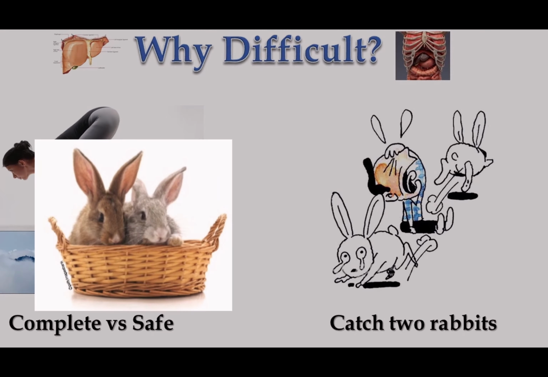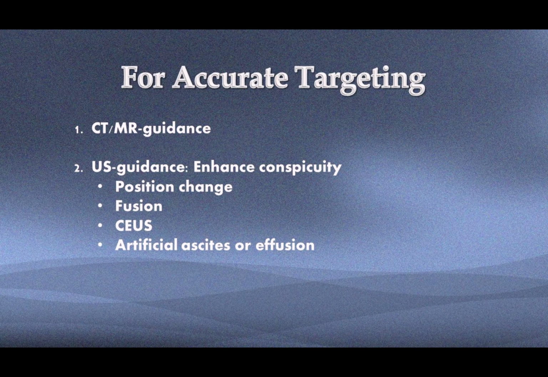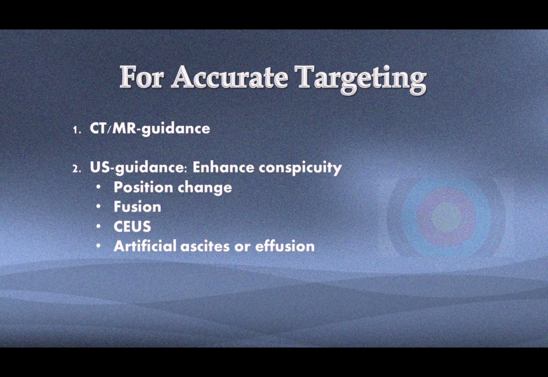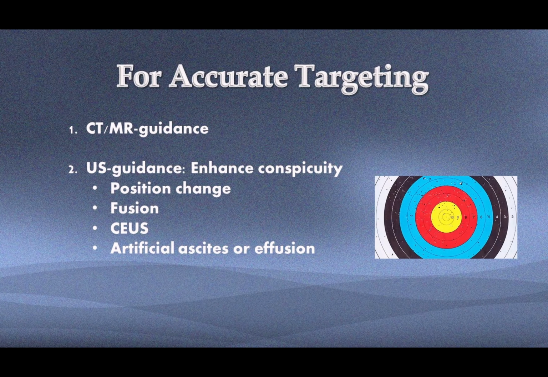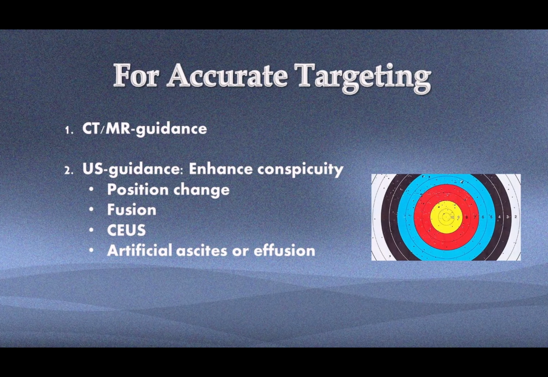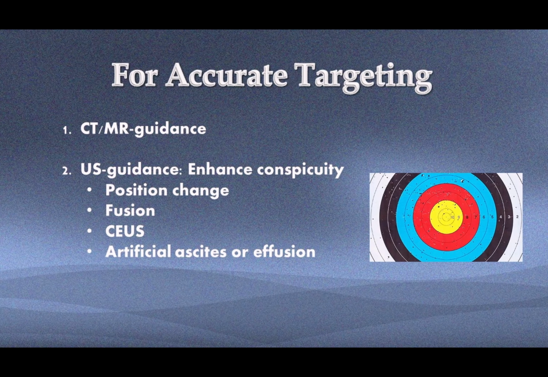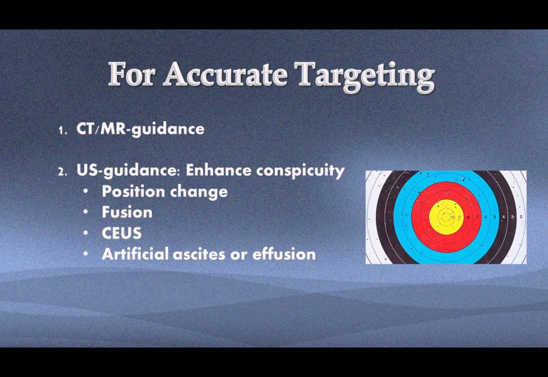We have to catch the two rabbits. For accurate targeting, we can use CT, MR or ultrasound as a guiding modality, but I don't have any CT guidance experience. So today I'd like to focus on ultrasound-guided ablation for hepatic dome lesion, including position change, fusion, and contrast-enhanced ultrasound and artificial fluid.